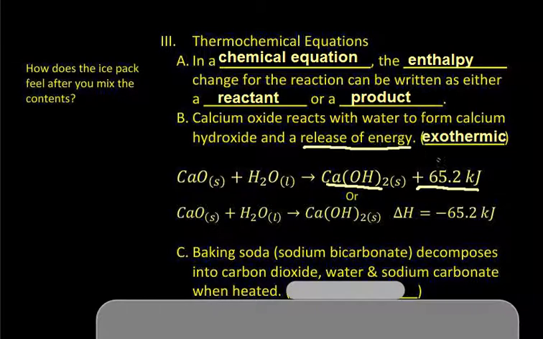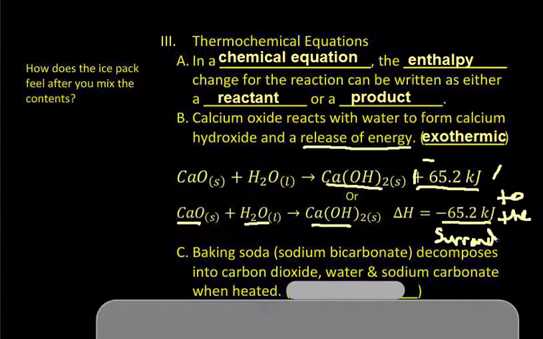If it is written in the equation as a product, as in this case, this will show that it's an exothermic reaction. However, if we write just the reaction and then indicate how much heat, the delta H is going to be negative because the heat is going to the surroundings. It's leaving the system and making the surroundings hotter.